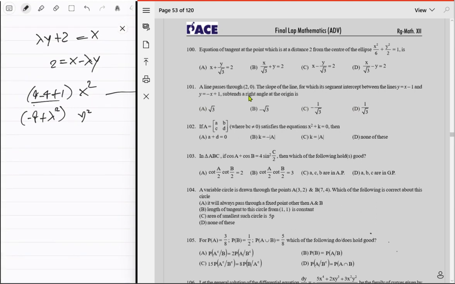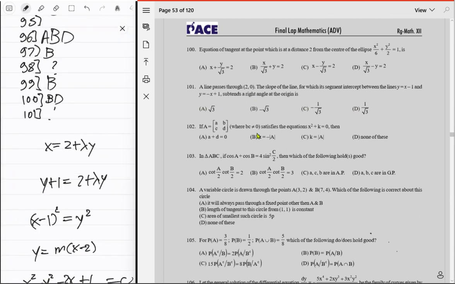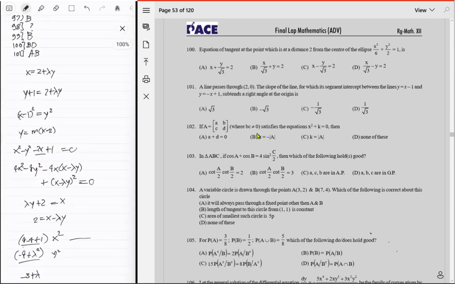So ये दोनों negative चाहिए किसी को, the addition should be 0. Just negative 3 plus lambda square equals 0, lambda equal to square root 3 or negative square root 3. So A and B, awesome. I think it can be used, just थोड़ी इसको जो practice चाहिए करने के लिए.